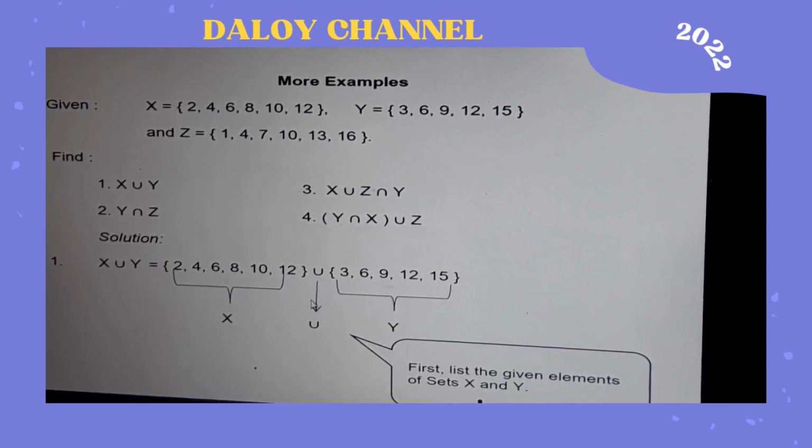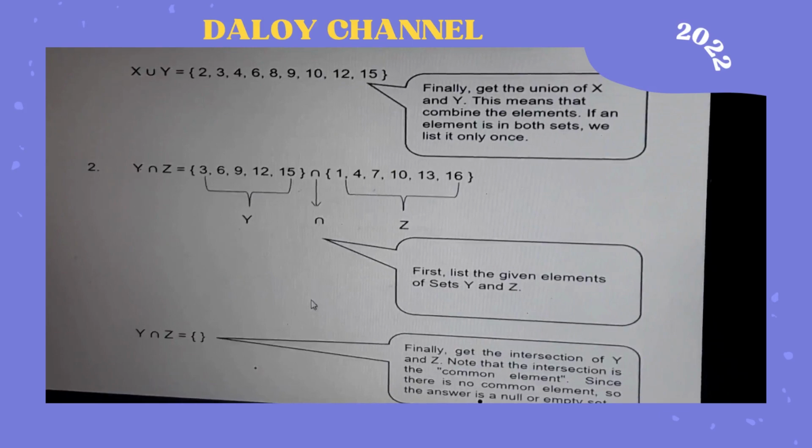Finding the union means you are going to mention all the elements involved, but not repeating the same elements in both sets. You have to write it once. Finally, we have 2, 4, 6, 8, 9, 10, 12, 15 as the elements in the union of sets X and Y.